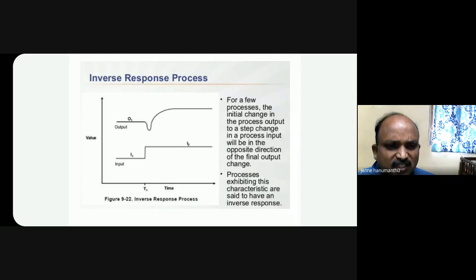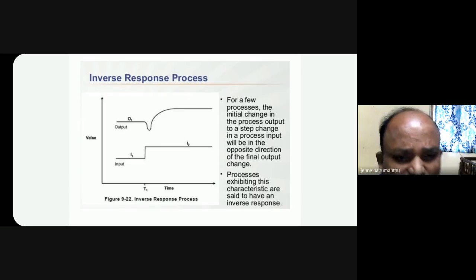This response is nothing but inverse response. Inverse response means it is not the actual response we expect. It is a response having some error. That type of response is also called inverse response in process control.